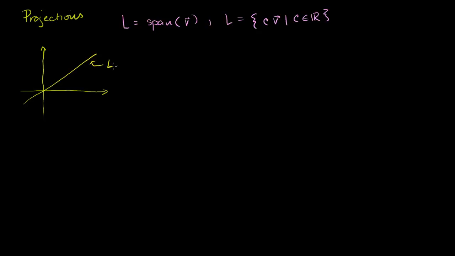So that is L. We knew visually that a projection of some vector x onto L, so let's say that that is a vector x. Visually, it's essentially if you were to draw, if you have some light coming straight down, it would be the shadow of x onto L. So this right here was the projection onto the line L of the vector x.